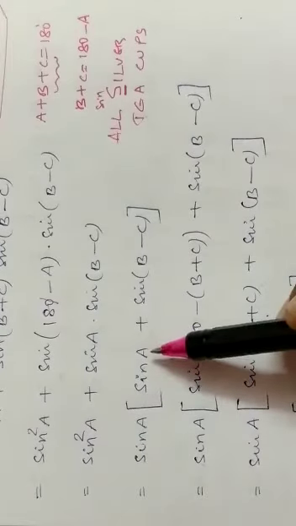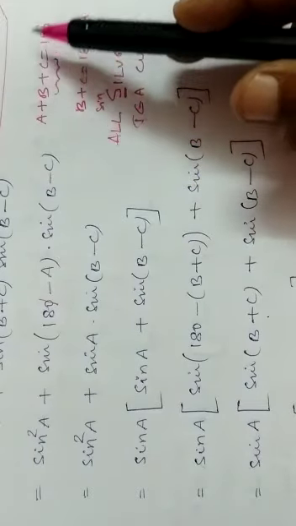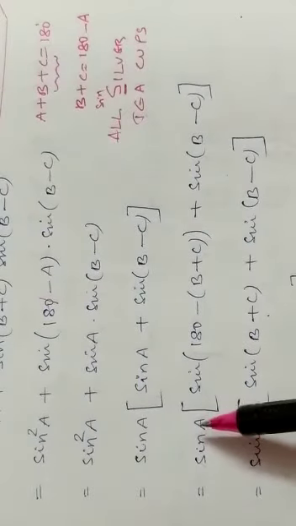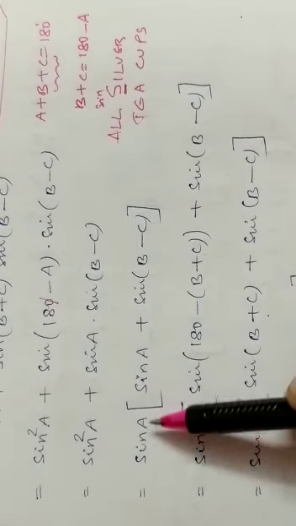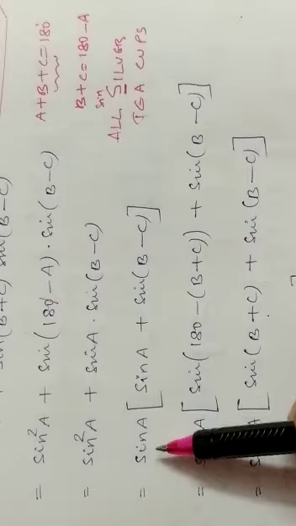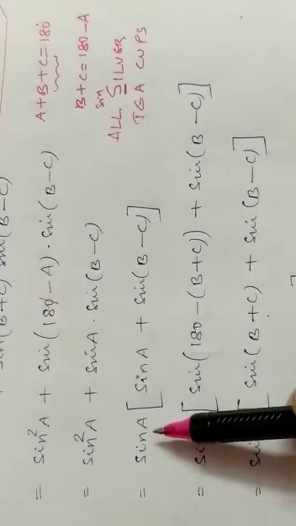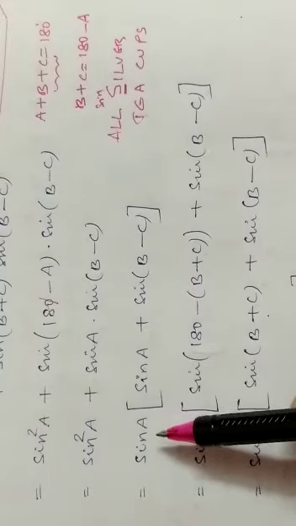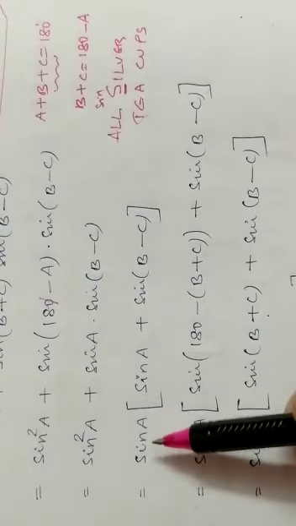In the place of A, you have to replace A equal to 180 minus of B plus C. Here, I won't disturb the term before the bracket, because in the RHS you need sin A. Already I got sin A. Not only in this problem, in all the problems, you should not disturb the term which is taken as common.